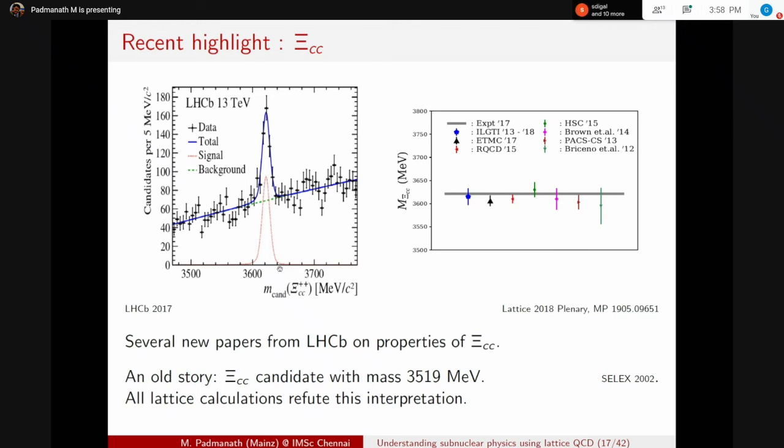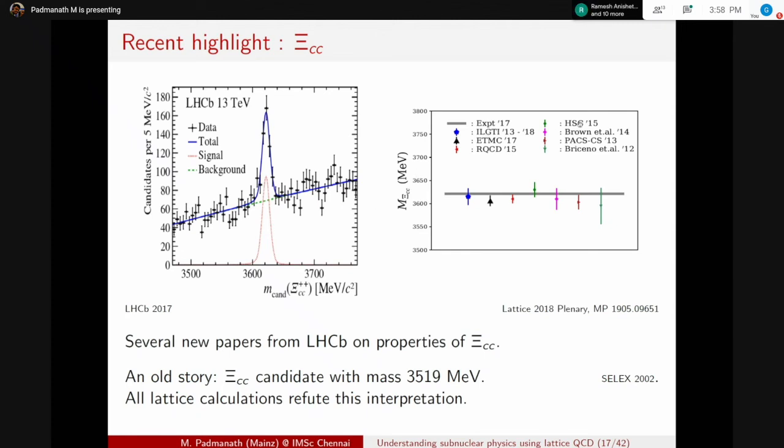On the right hand side I compare that number with all other lattice computations that exist in the past decade, and you can see all of them agree with each other. Let me just highlight that all of these lattice calculations predate this discovery. So all of these are predictions, and they agree very well with the experimental number as well as between each other.